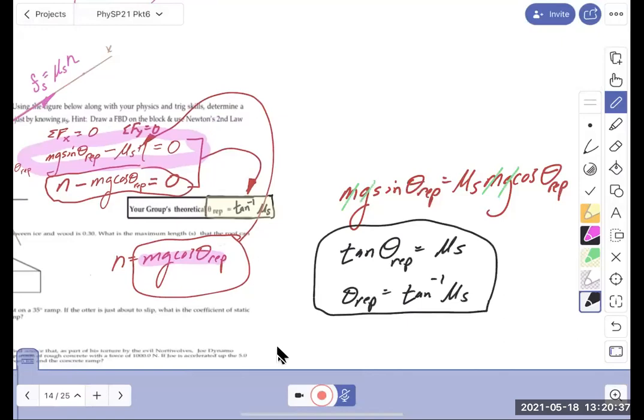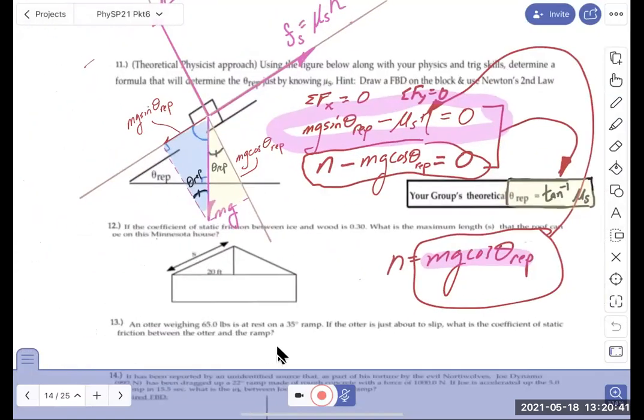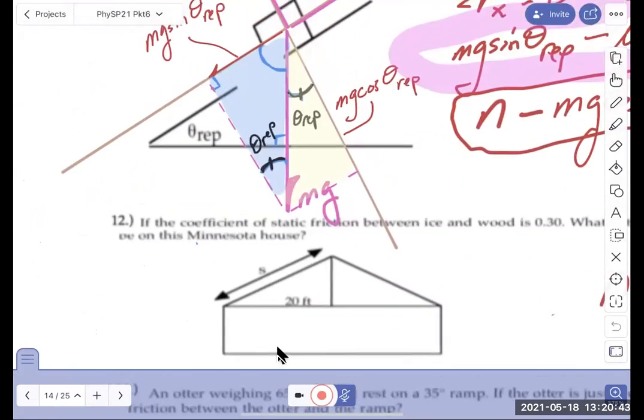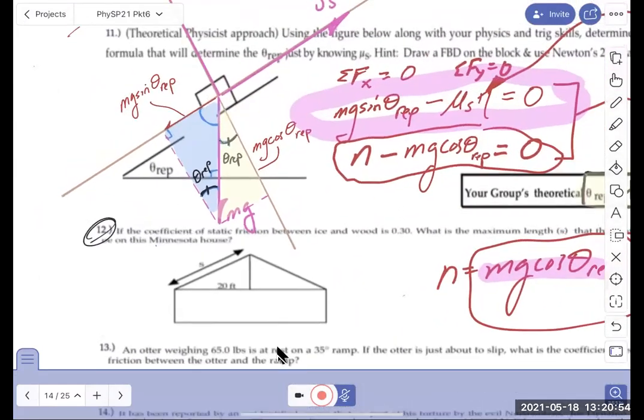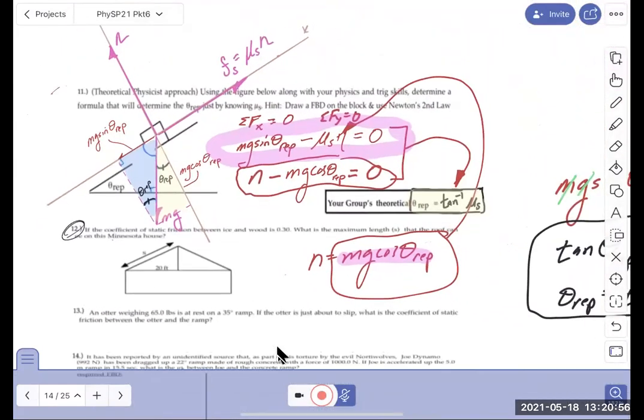Okay, now let's go to number 12. We did this together. Number 12: the coefficient of static friction between the ice and the wood is 0.3. Now, this is a good example of where you get sued.